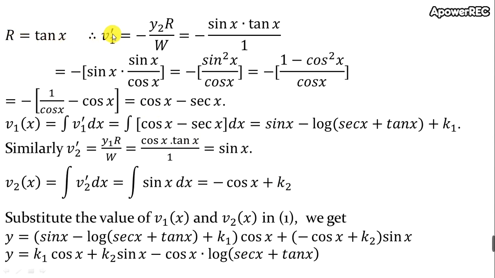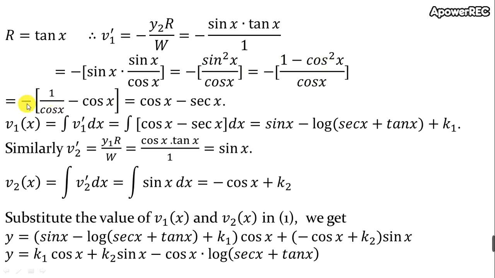And also we know that the RHS of the problem, that is capital R, equals tan x. Therefore, v1 dash is equal to minus y2 capital R divided by W, which is minus sin x into tan x divided by 1. Minus sin x into tan x, with tan x written as sin x divided by cos x, equals minus sin square x divided by cos x. That is minus (1 minus cos square x) whole divided by cos x.